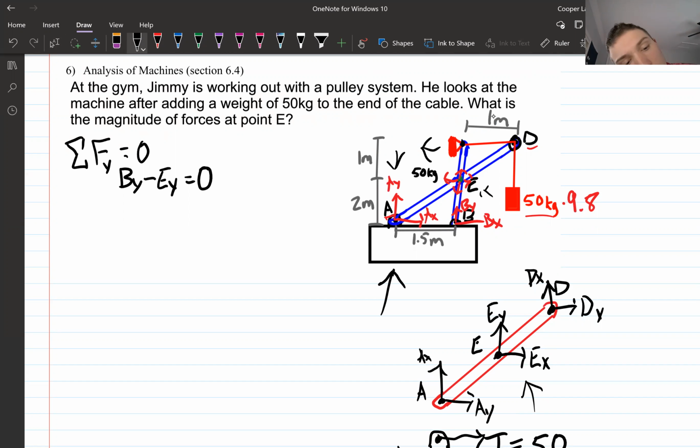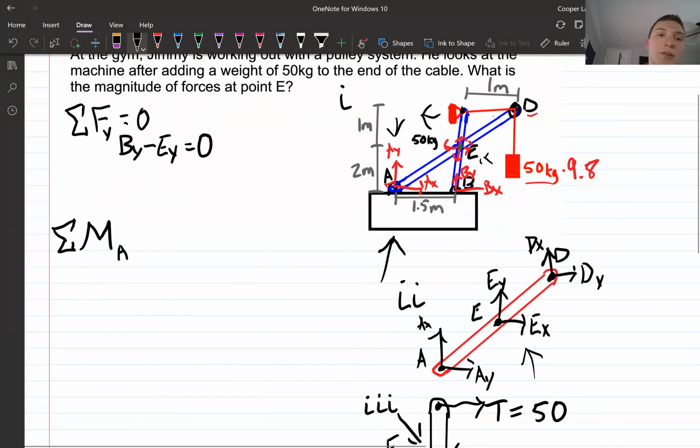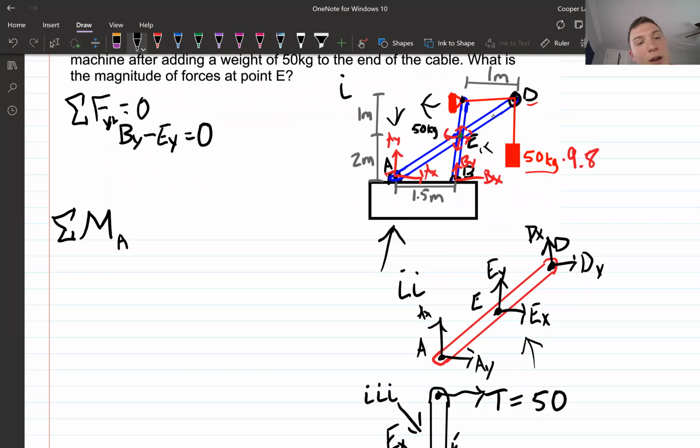So therefore I can go sigma of moment about point A. I'm going to call this diagram I, just so that it's a little easier to distinguish between each one. So this would be F of I.